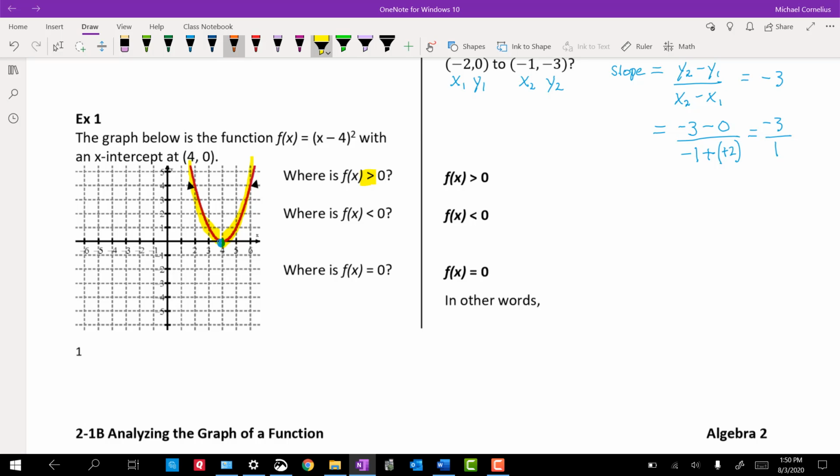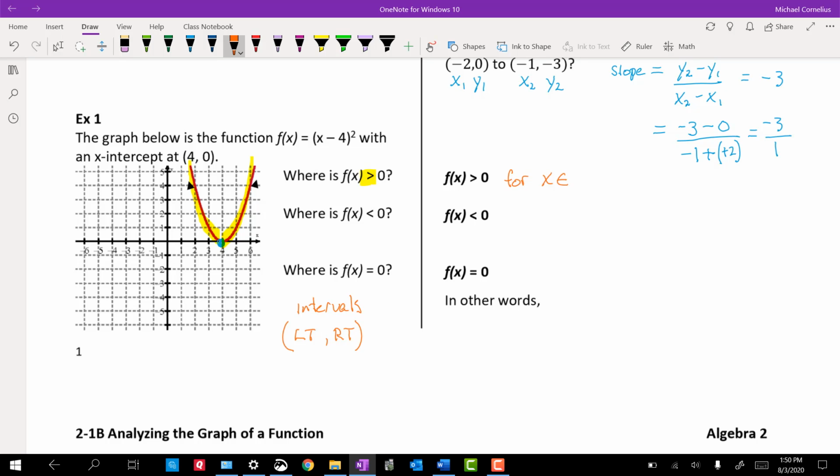So we could say that f of x is greater than 0 for x in the set, this is just a little more formal mathematics, in the interval. Whenever we do intervals, it is always left to right with either brackets or parentheses.